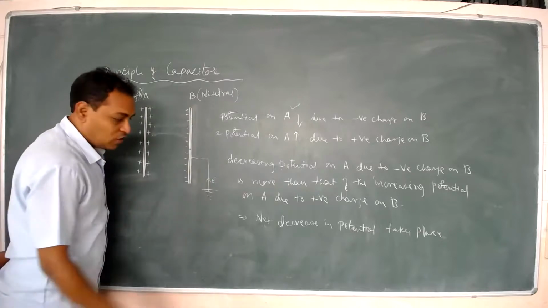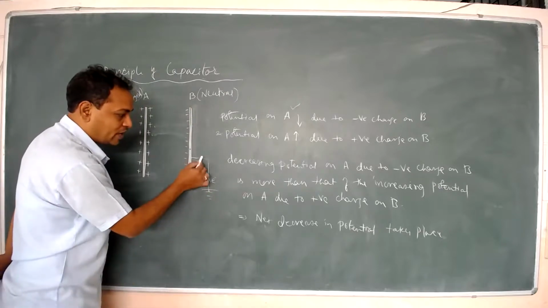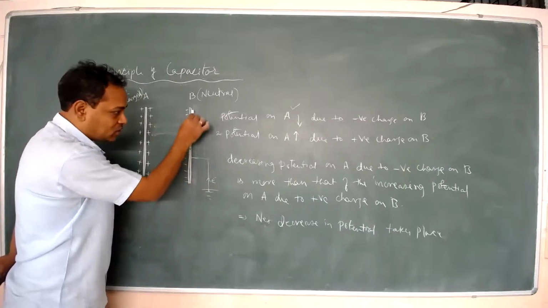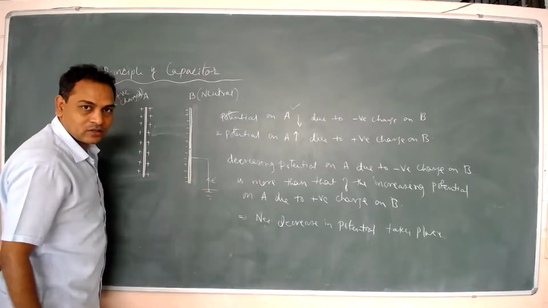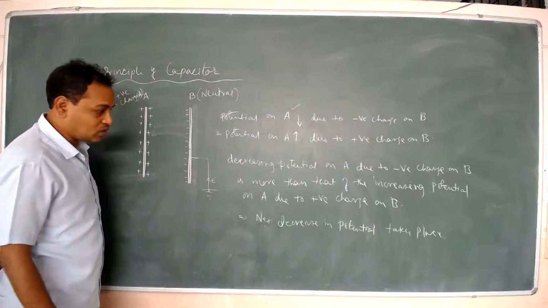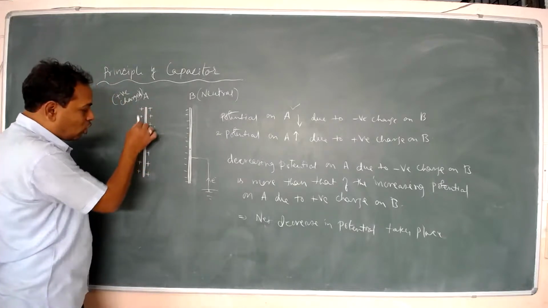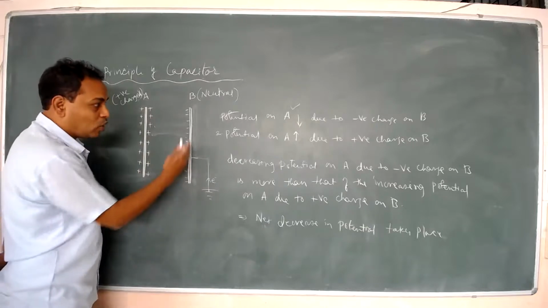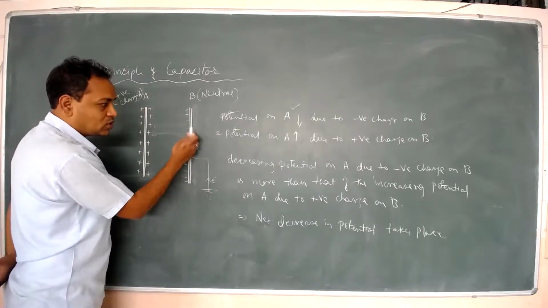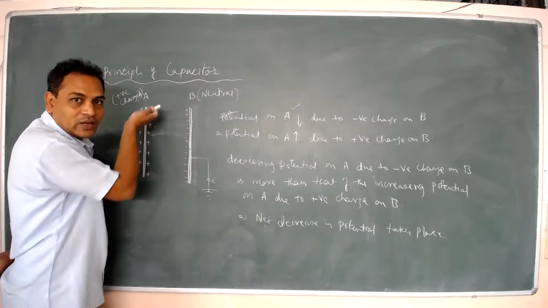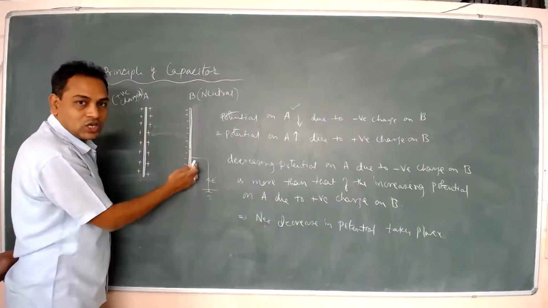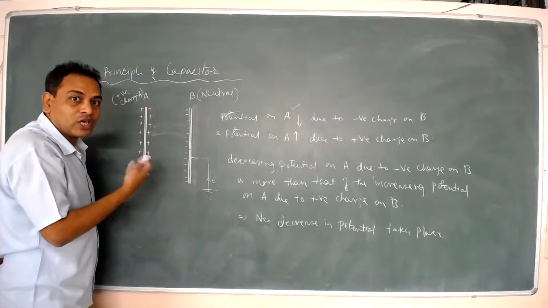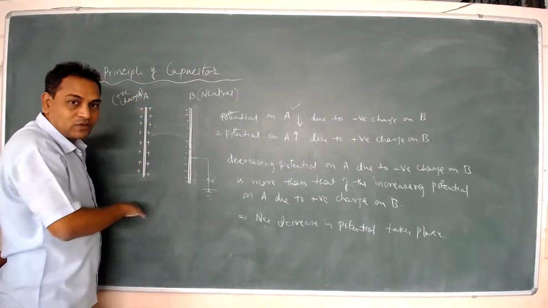So if you earth the right side of the conductor B, then this side will be neutralized. Now the potential of this will be further decreased. Why? Because initially, due to this, some increase of potential was there, but now no charge is there. So its potential will decrease furthermore.